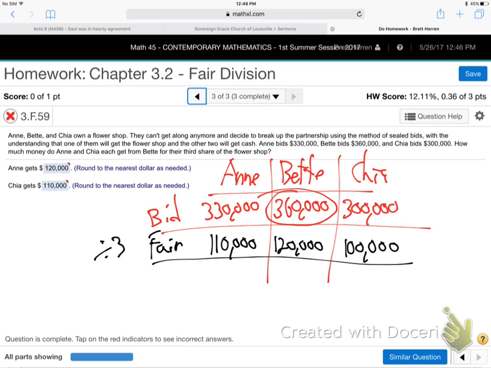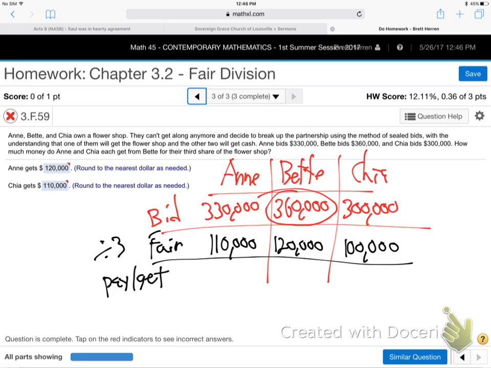Are you tracking with me? Right? Divide by 3, because they should get 1/3 of the profit. That's fair. 1/3 of the value, I mean. That's fair. You tracking? Now, what comes next? Then what they pay or get.